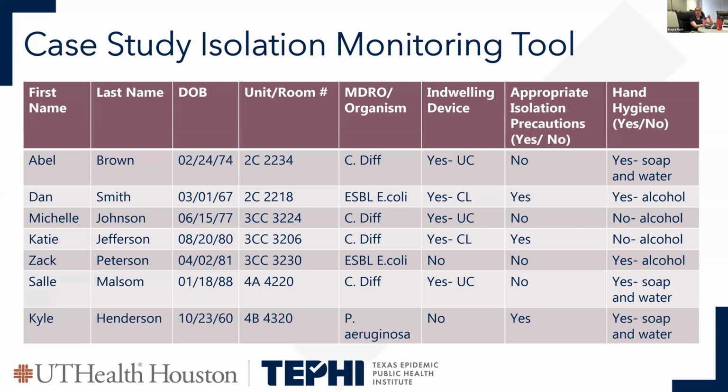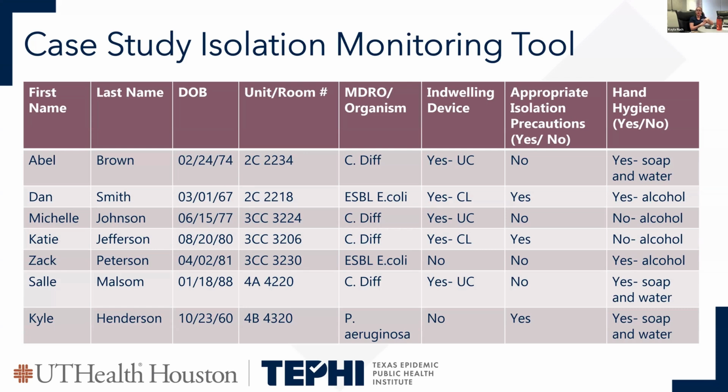So this is all information that, when I look at patients, and these are all fake patients, you want to know who it is and their date of birth, since an age of 65 or 75 is a risk factor. So you want to know how old the patient is, what room they are in, and what organism they have, especially looking at isolation, donning and doffing, signage, and appropriate PPE.